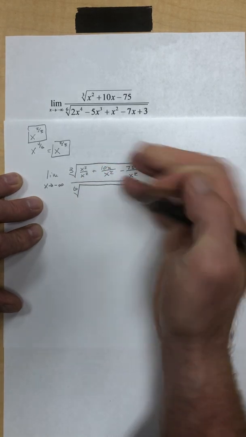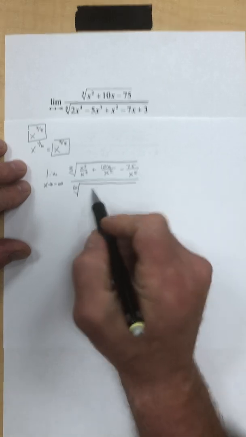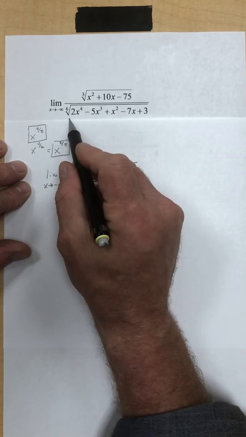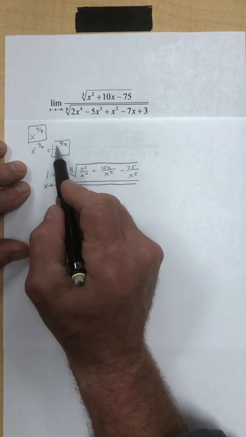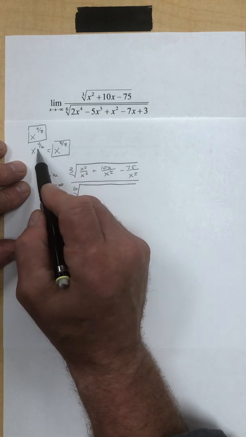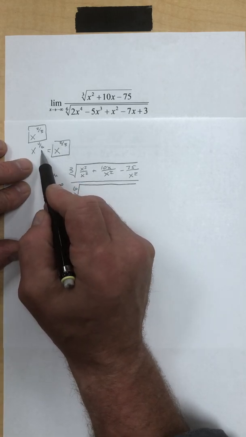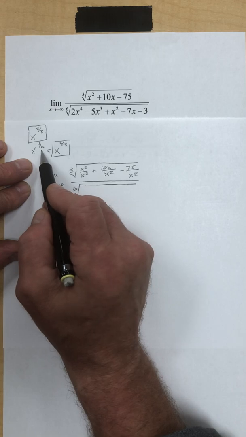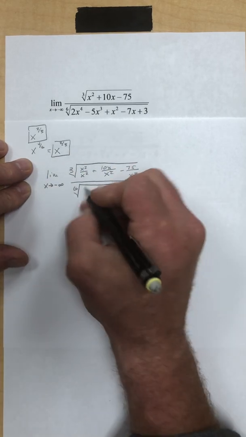If I want to divide underneath the sixth root, I have to take this 2/3 and express it as 4/6. So when I divide underneath the sixth root, I'd be dividing by x to the fourth.